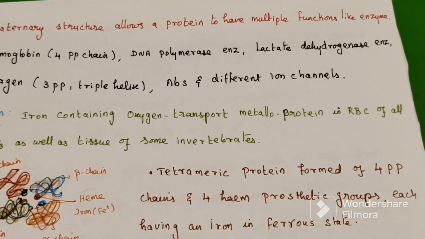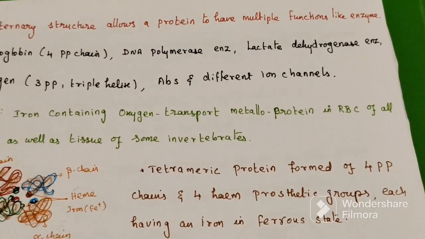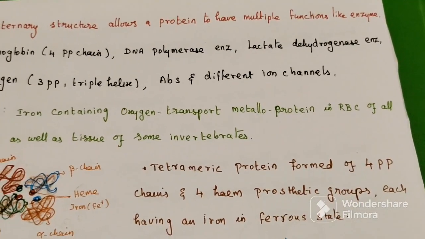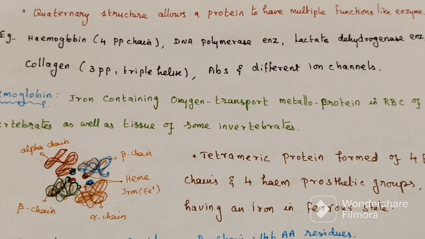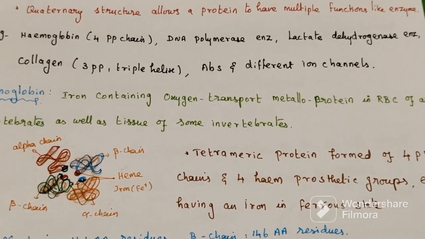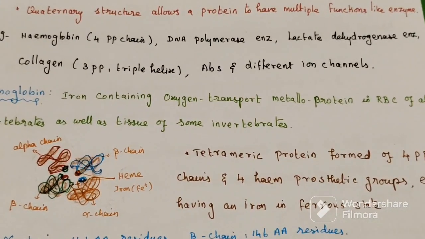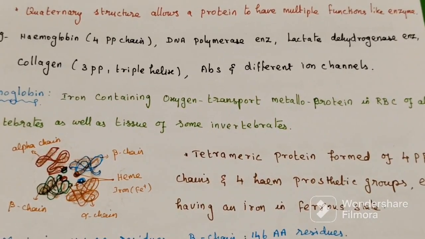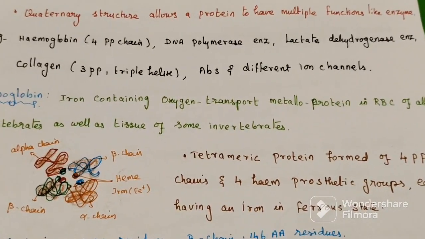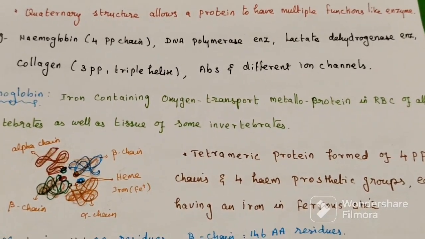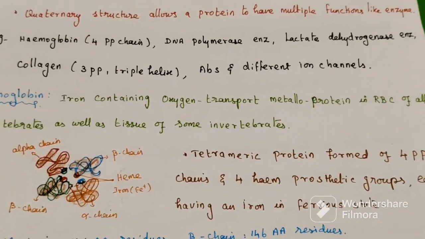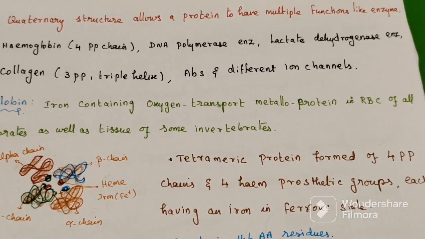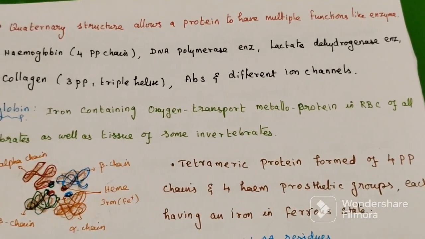Then lactate dehydrogenase enzyme which is used for glycolysis. Then collagen protein, 3 polypeptide chains forming a triple helix, found in connective tissue. Then antibodies and different subunits of ion channels.